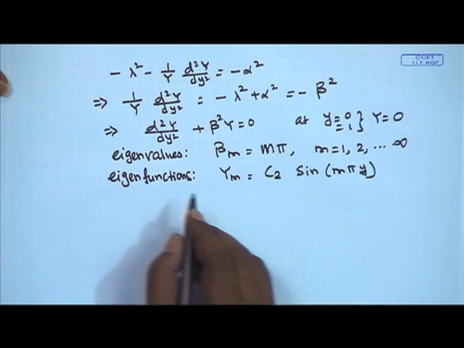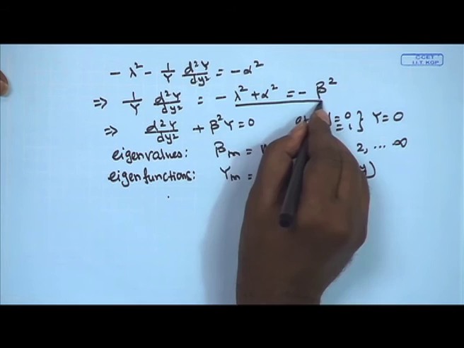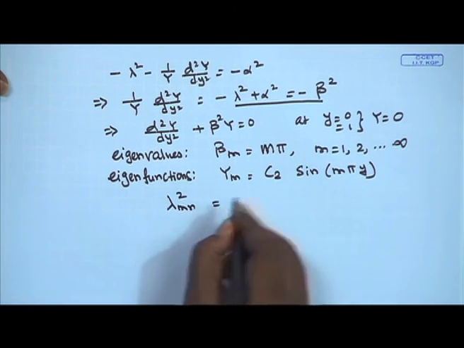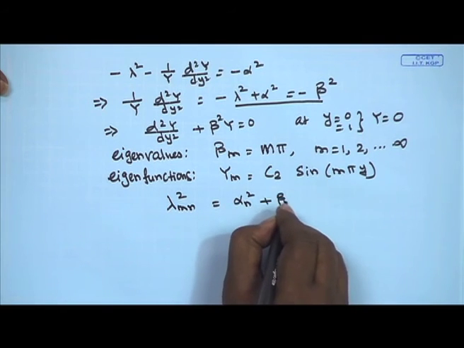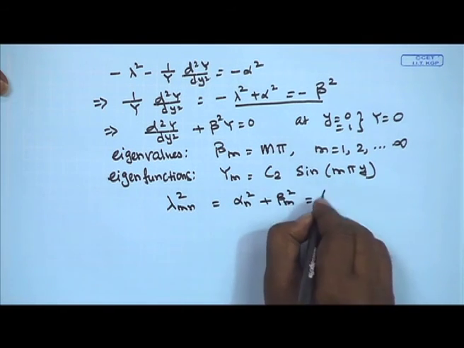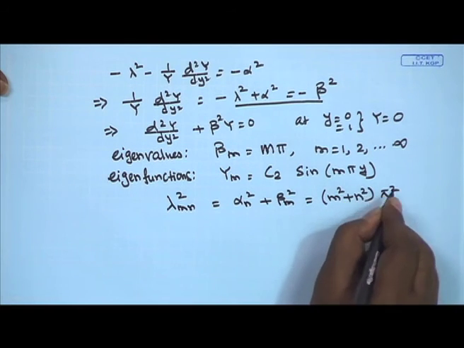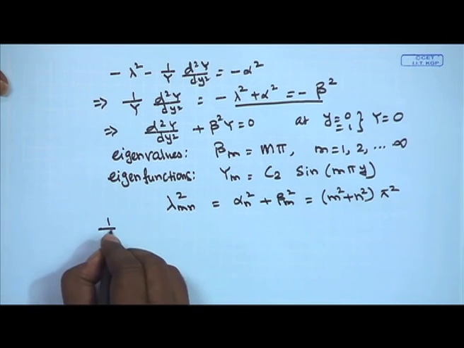And now let us look into how the lambda varies. So, this is the definition of lambda. So, lambda mn square is equal to nothing but alpha n square plus beta m square. So, this will be ((2n minus 1) square over 4 plus m square) into pi square, and we can get the time varying part now.